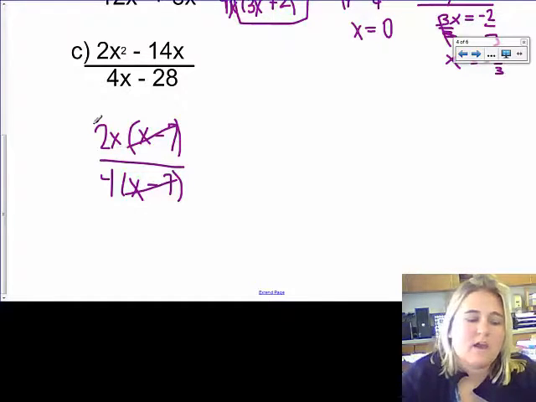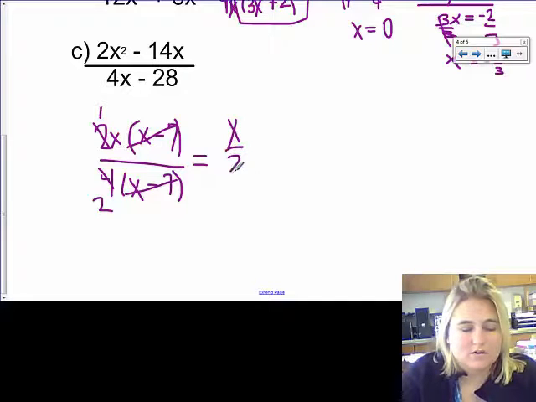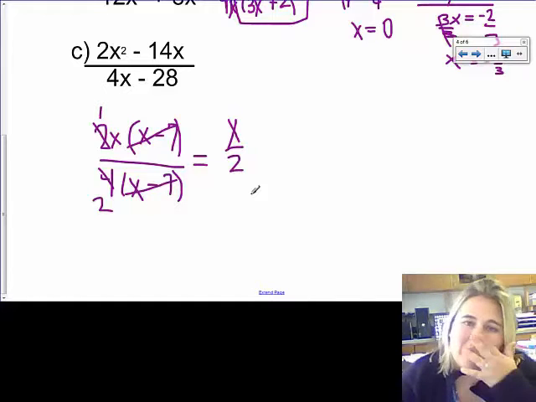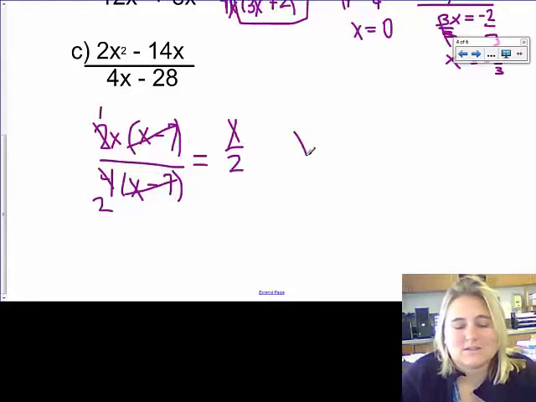I can also reduce the 2 by 2 to a 1 and the 4 by 2 to a 2. So my final answer on this one, the most simplified version, is going to be x over 2. Now that being said, I still have to find where it is going to be undefined, and that is going to be where this x minus 7 is equal to 0.